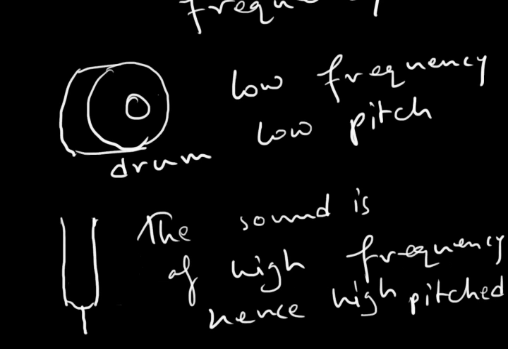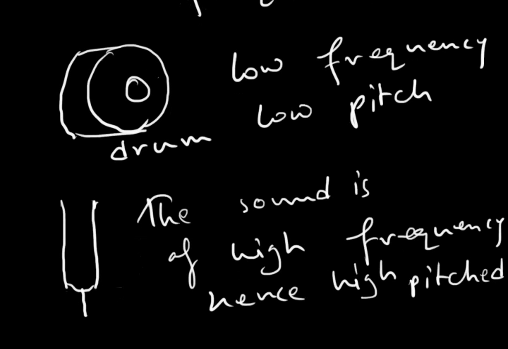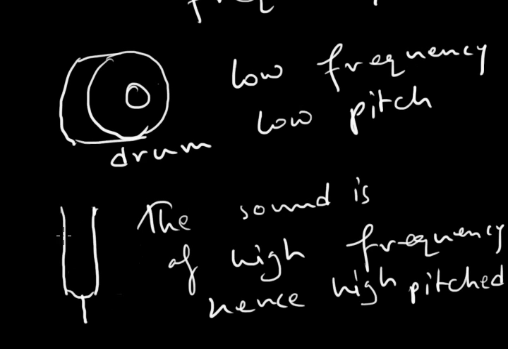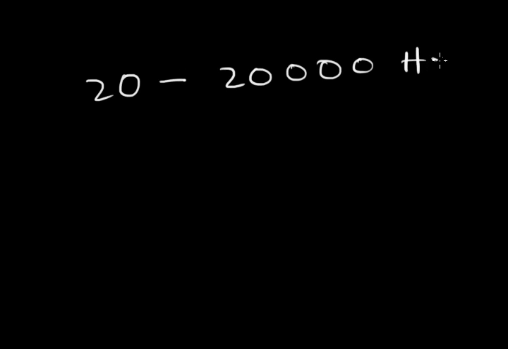There is a range of frequency that is audible. The audible range of our hearing is limited. We cannot hear any frequency outside that audible range, and that audible range is about 20 to 20,000 hertz.